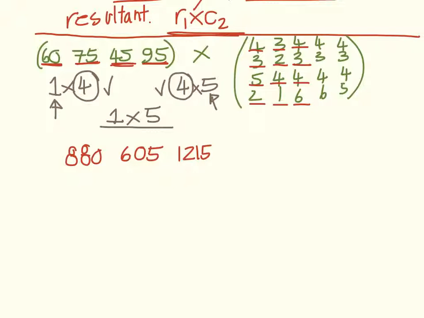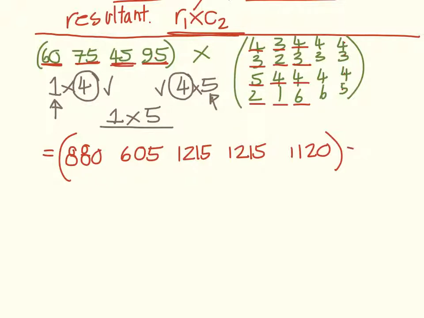The next column is the same, and so when they are all added together, the same thing, 1215. And then the final one, again, 60 multiplied by 4, 75 multiplied by 3, 45 multiplied by 4, and 95 multiplied by 5. That comes to 1120. And that is our final matrix.